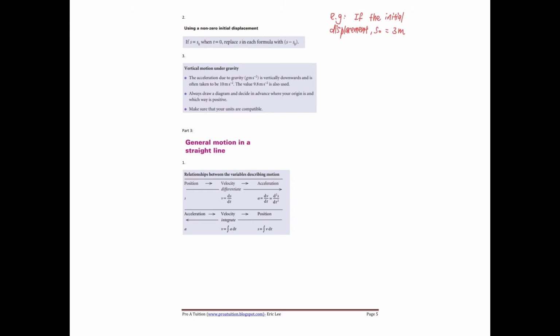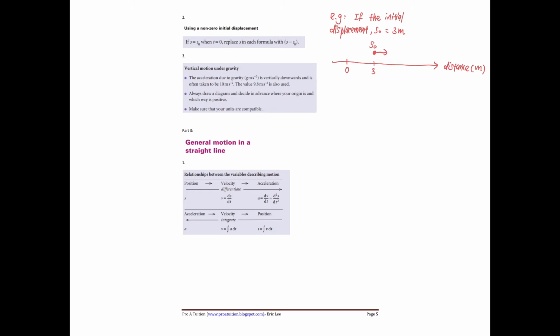Imagine you have an origin here, but the particle starts at 3 meter. The particle starts moving from here. So let's say this is the distance in meter, starting from 3 meter. This is the s0, the initial displacement.